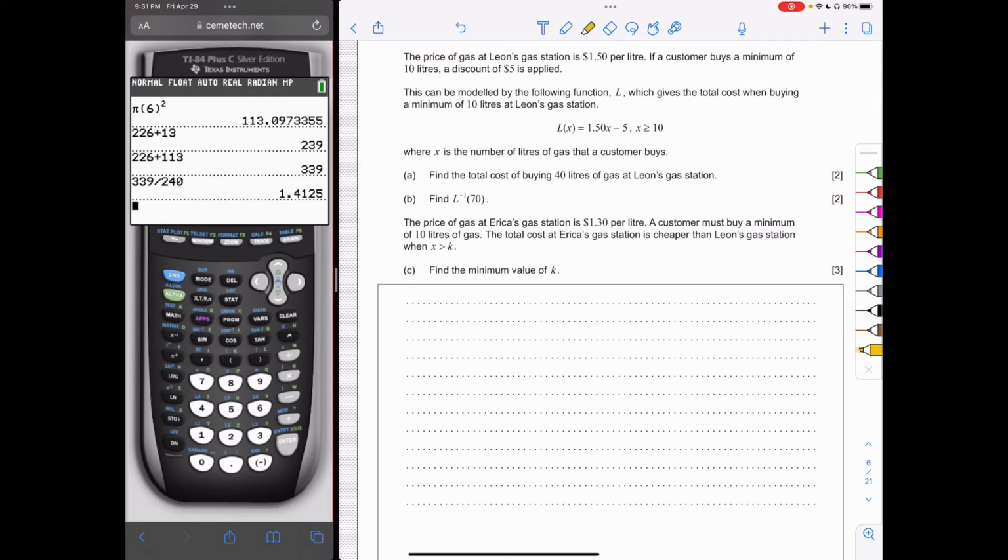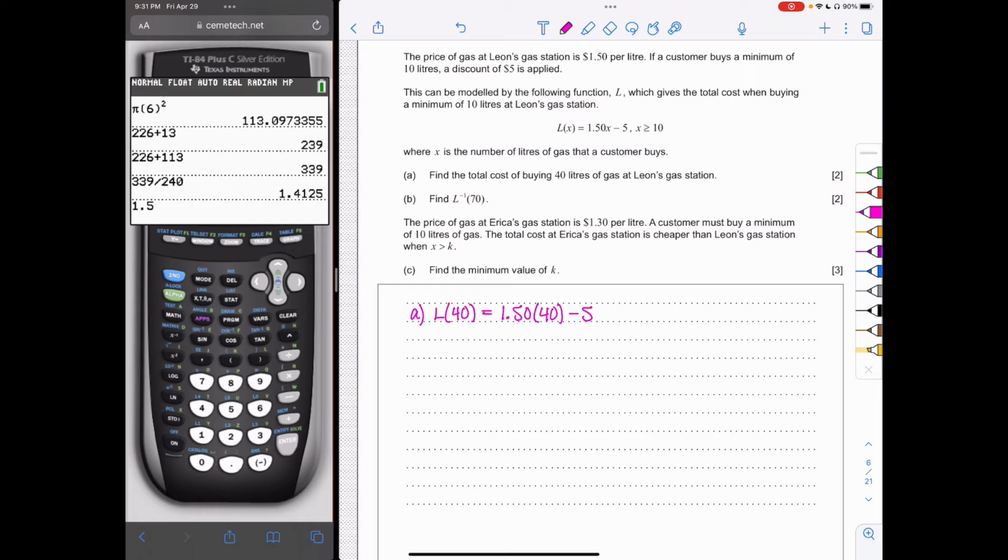So A, it says, find the total cost when buying 40 liters of gas at Leon's gas station. So in order to do that, all I have to do is substitute that value in. So I will have L of 40 is equal to 1.5 times 40 minus 5.